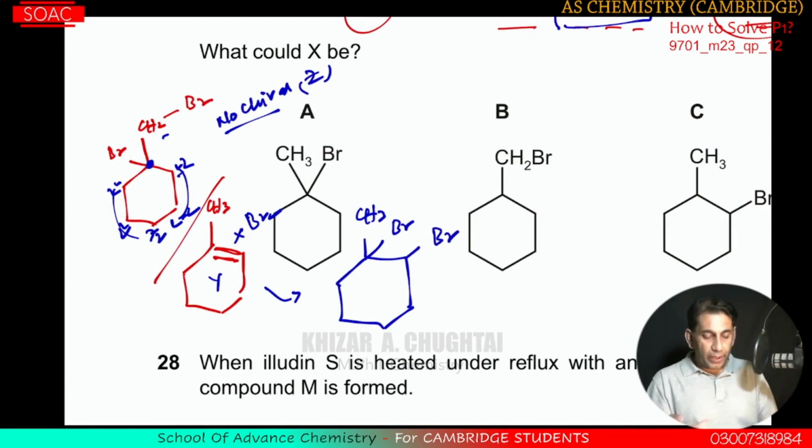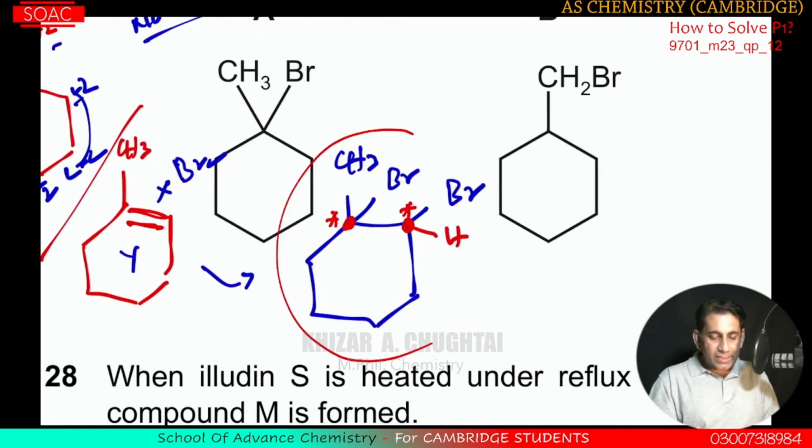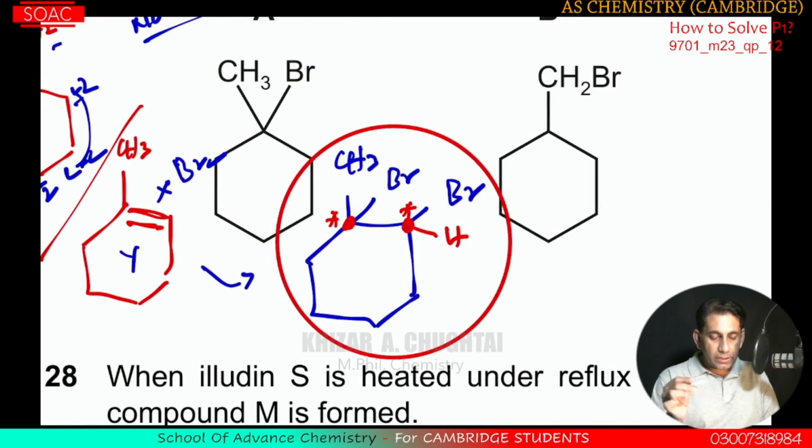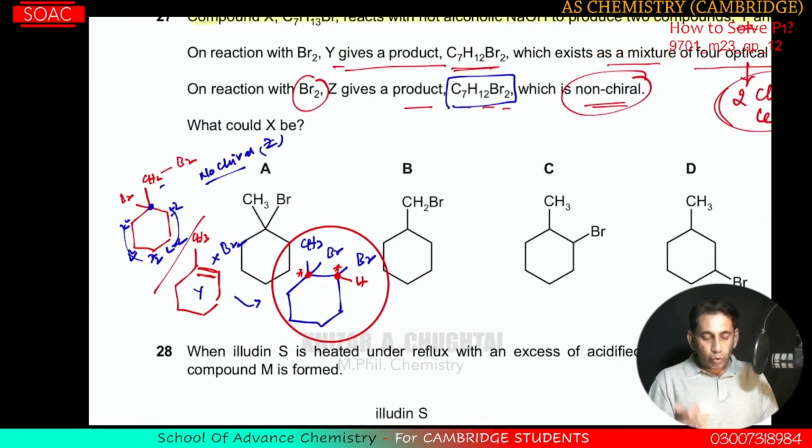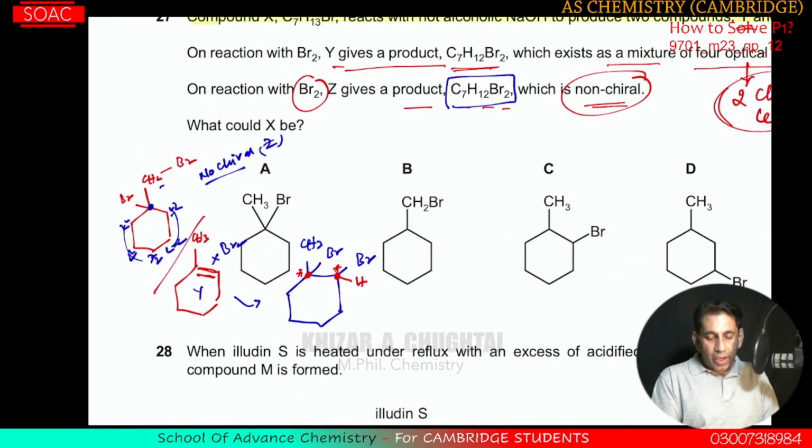Only one compound is possible over here, this one. Now this compound has 2 chiral centers. One hydrogen is over here, one chiral center is over here, and this carbon is also a chiral carbon. So yes, this Y has 2 chiral carbons, and if it has 2 chiral carbons, it is going to have 4 optical isomers.